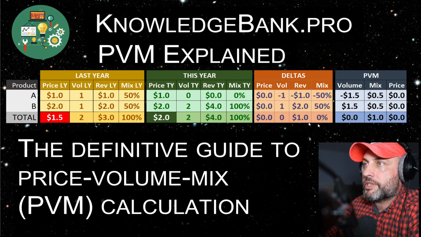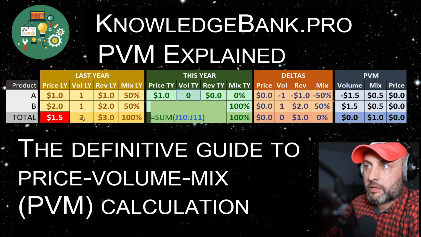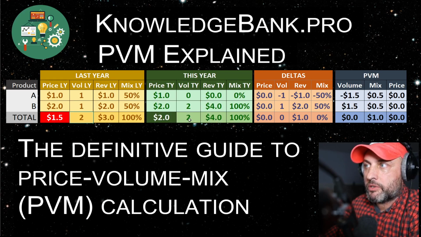Now let's go back to the scenario where I stopped selling product A and all of my volume shifted into product B. So overall, I have the same number of products I sold this year versus last year, it's 2. But now instead of selling product A, the only thing I sold was product B. So our mix changed from 50-50 to 0 to 100.